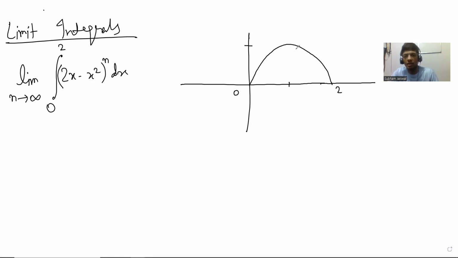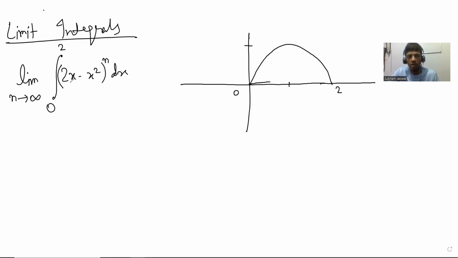Yes. So we can see that this is the graph of 2x minus x square. But as we increase the value of n, so we take square, cube, and I mean it is obvious in a way that that is what happens, right?